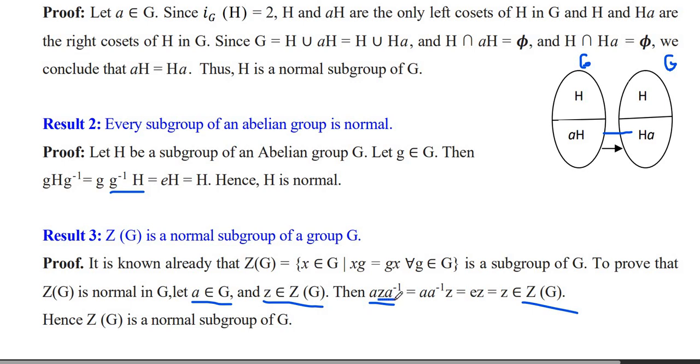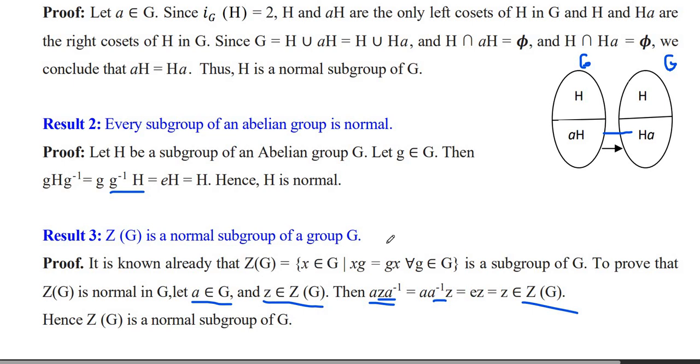Because z commutes with all the elements, we can rewrite that as a inverse z. So you have aa inverse to be the identity element, and ez is nothing but z, and that belongs to Z(G) because z is in Z(G). So Z(G) is normal in G.